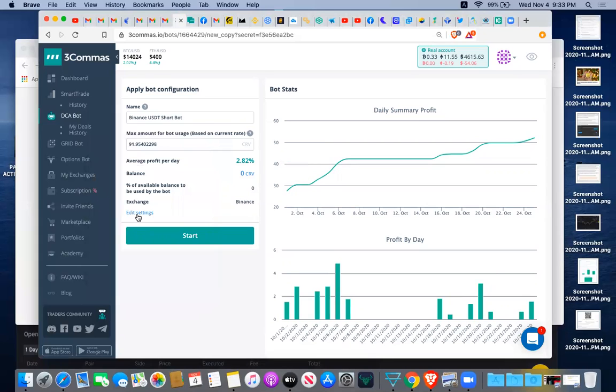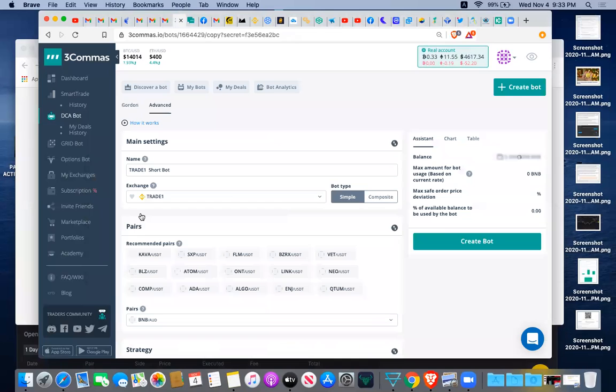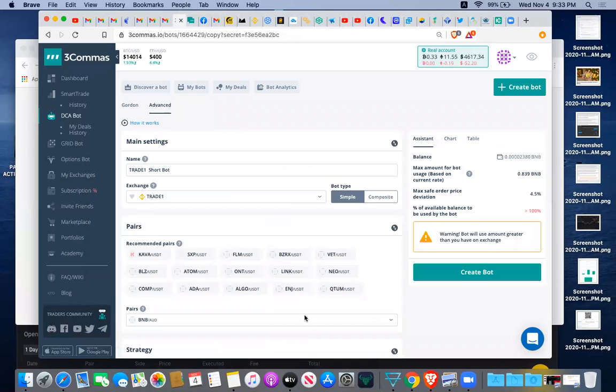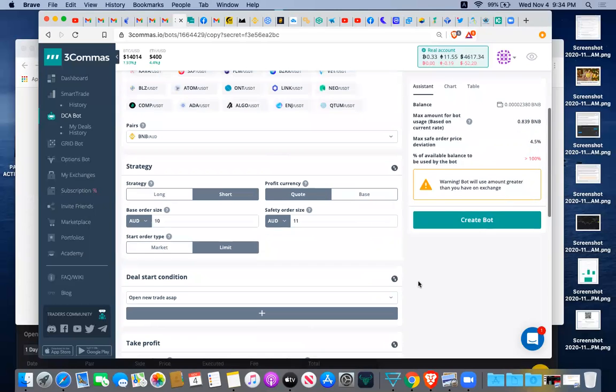Now let's check. You can click on edit settings. I may not pick this trade, but I just need to show us something. So I can check some traders already running. Okay, they want me to have a balance of BNB for me to be able to take this trade.